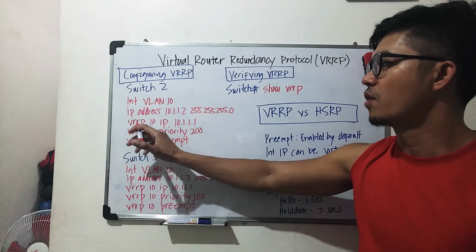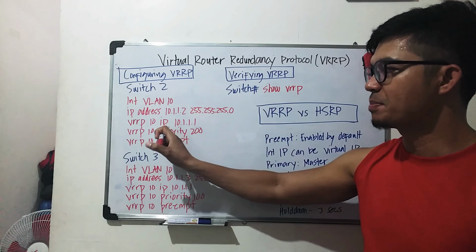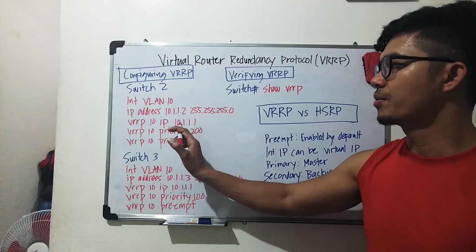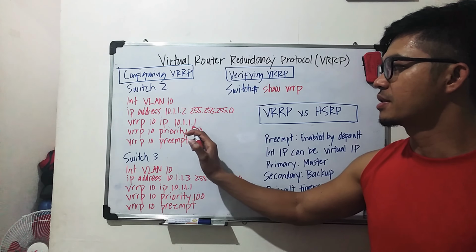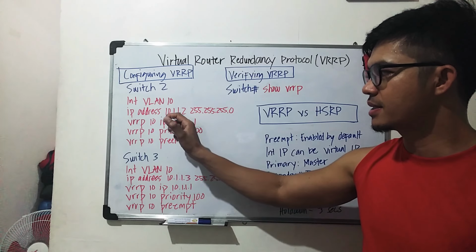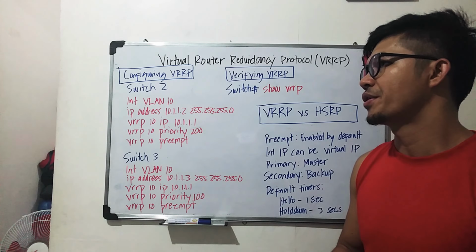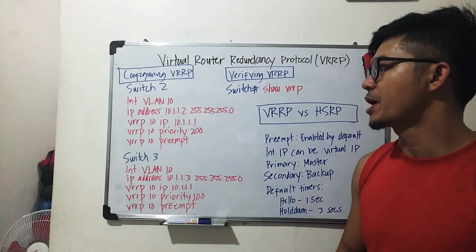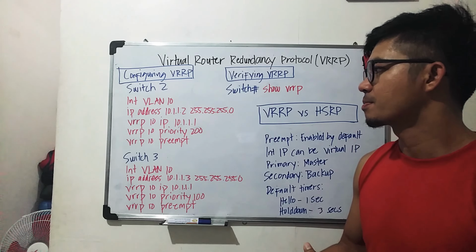So here, VRRP 10, this is the group number, then the IP, and this is the VRRP IP, of course. Here I'm using 10.1.1.1. So this is the virtual IP. And by the way, the IP on the interface is the IP that is used for the routing protocols and for management purposes.